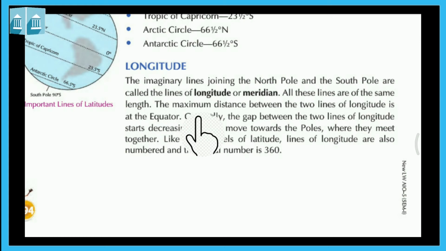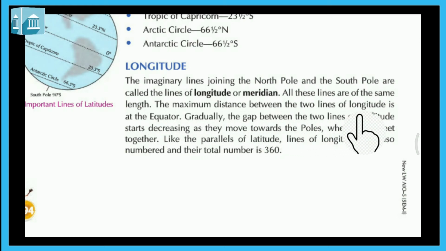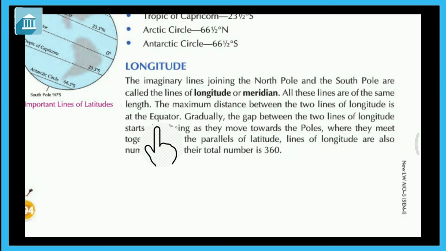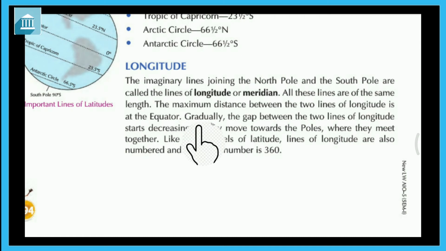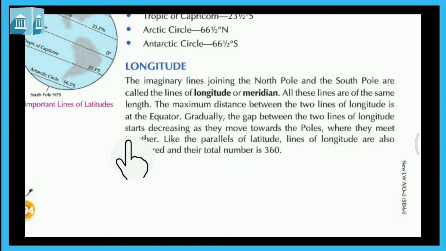The maximum distance between two lines of longitude is at the equator. Gradually, the gap between the two lines of longitude starts decreasing as they move towards the poles, where they meet together.